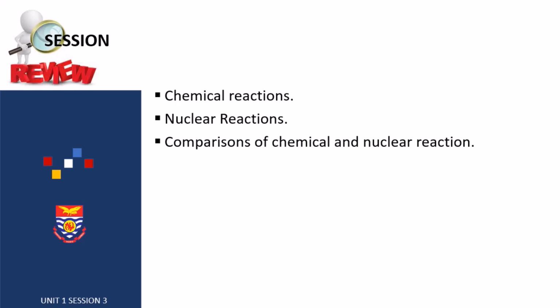We did comparisons between chemical and nuclear reactions. We realized that the main difference is that chemical reactions involve the valence electrons of the atom, but nuclear reactions involve the subatomic particles found within the nucleus of the atom, which are the protons and the neutrons.